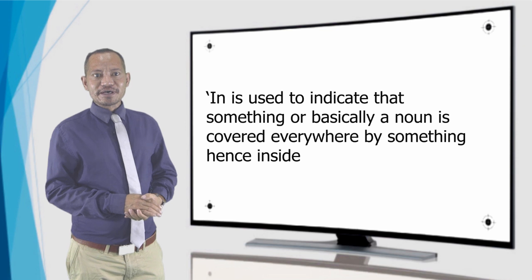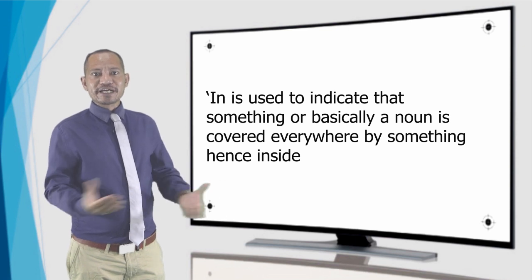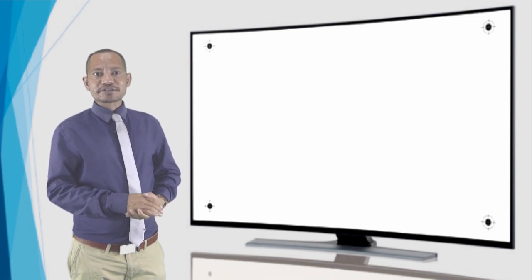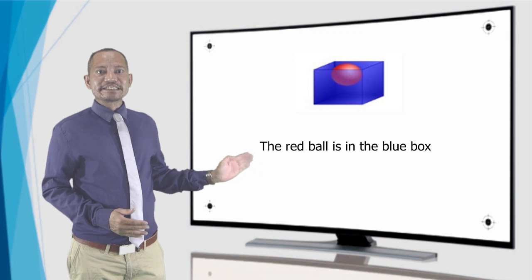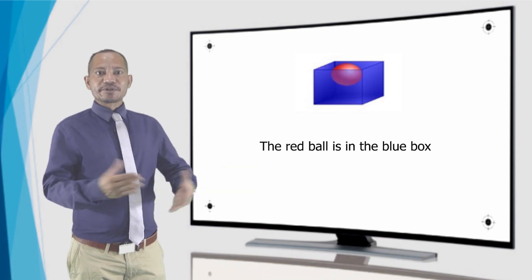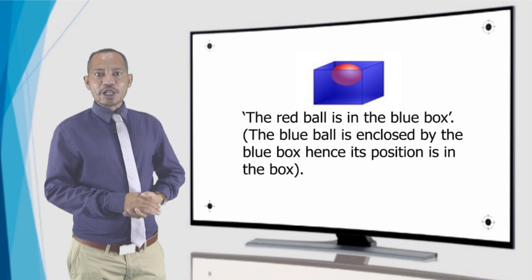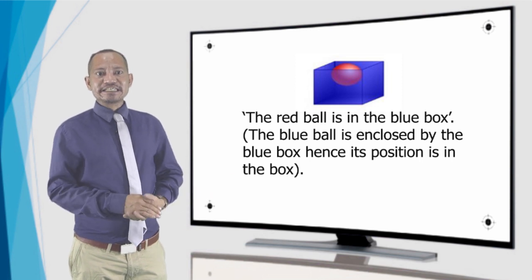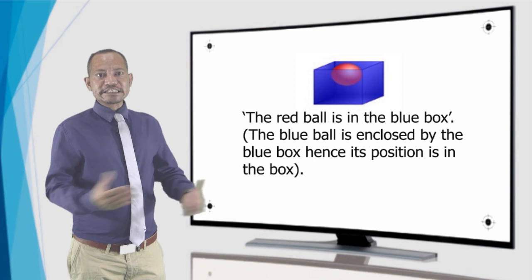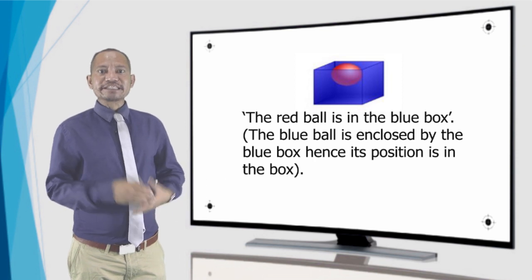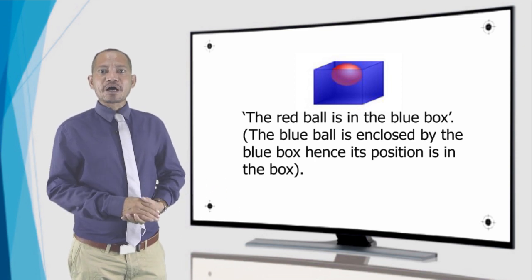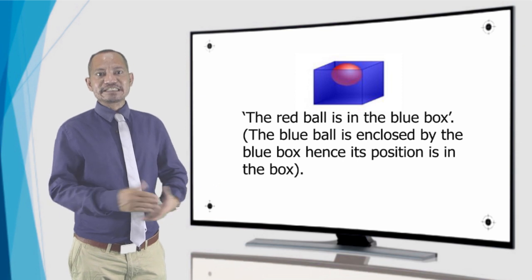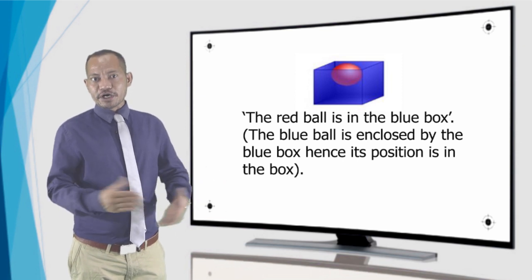For example, please refer to the picture of the red ball and the blue box. The red ball is in the blue box. So the red ball is enclosed by the blue box, hence its position is in the box.